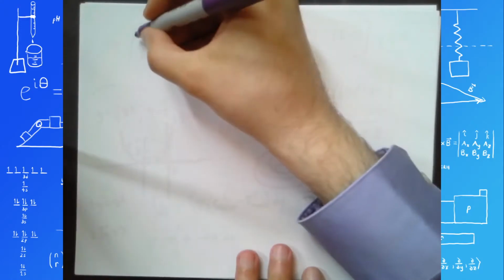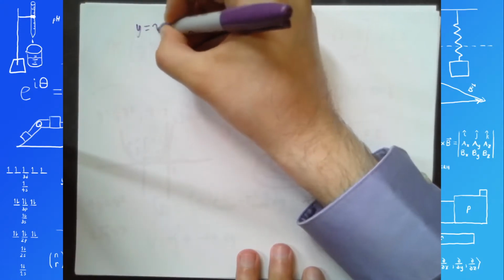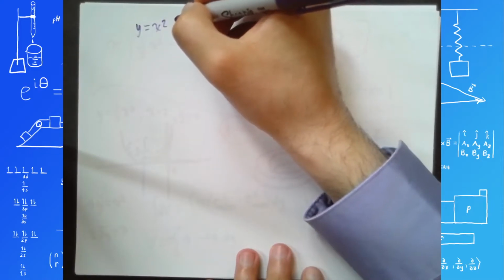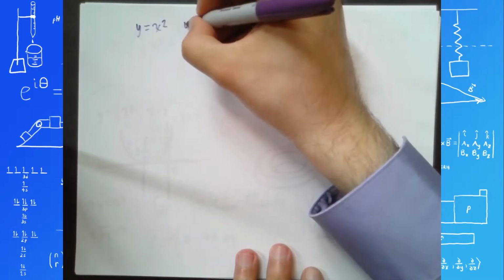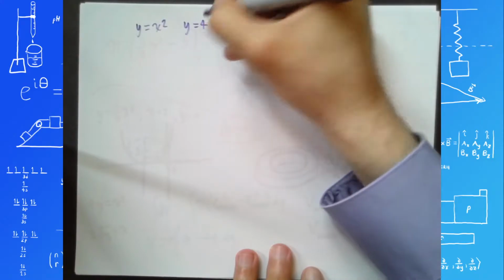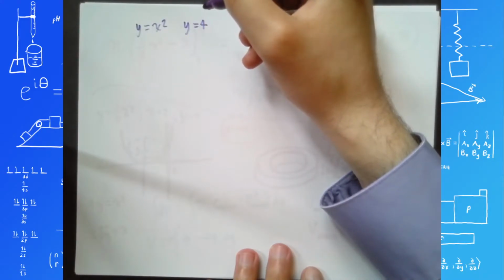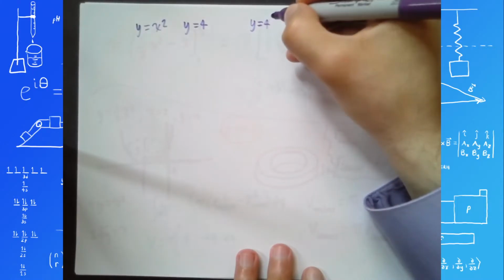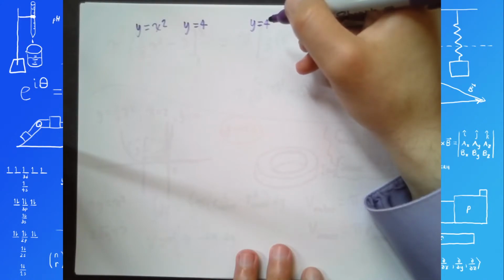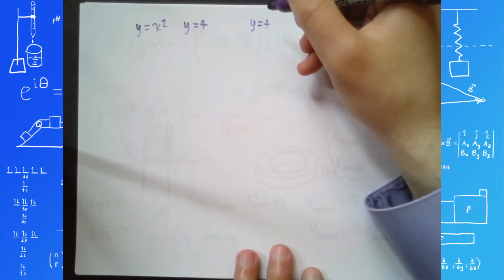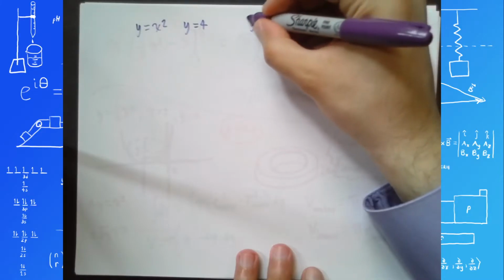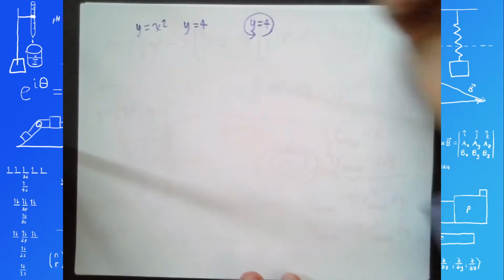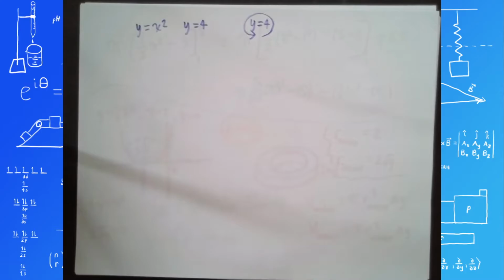So we're given bounds of y equals x squared and y equals 4. And we're rotating around the y equals 4 line. Oh, wait, that's... Okay, let's do it anyway. Feels like it's simpler than what I was expecting, but let's do it anyway.